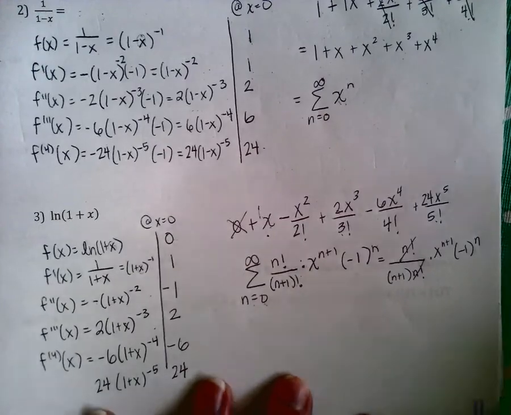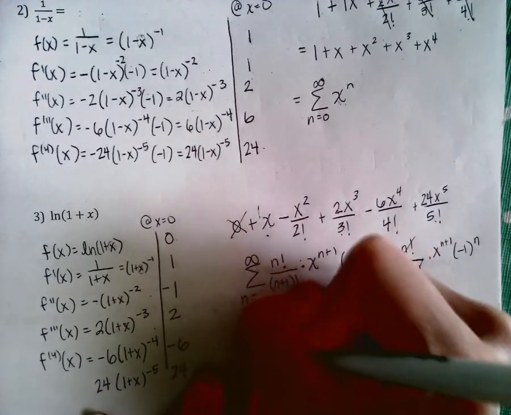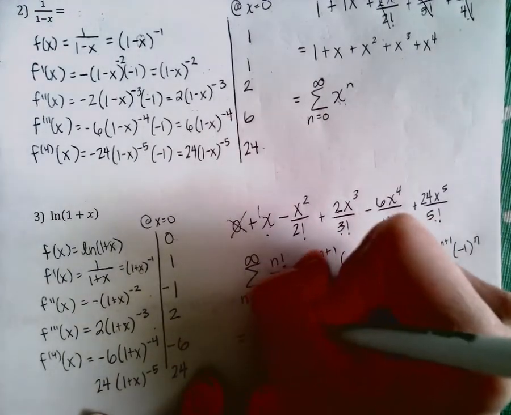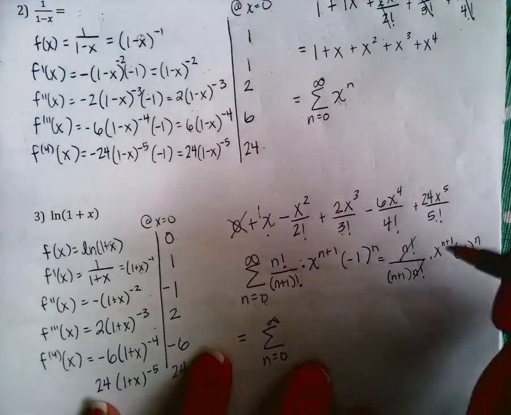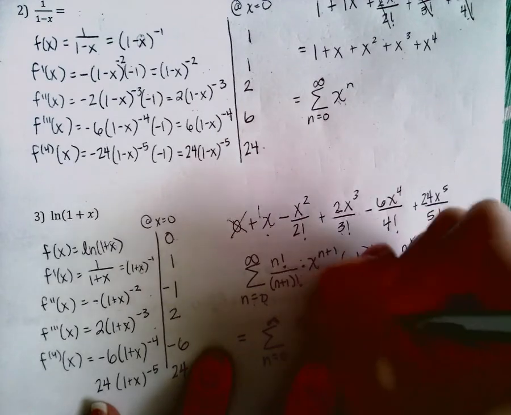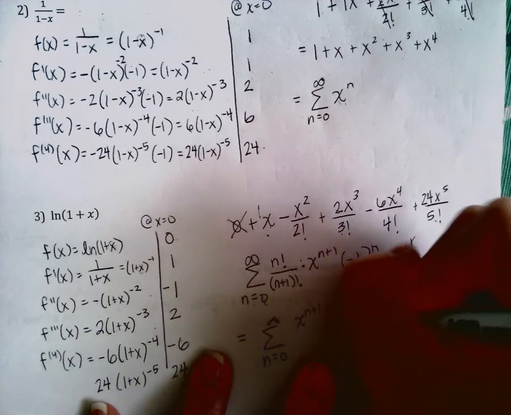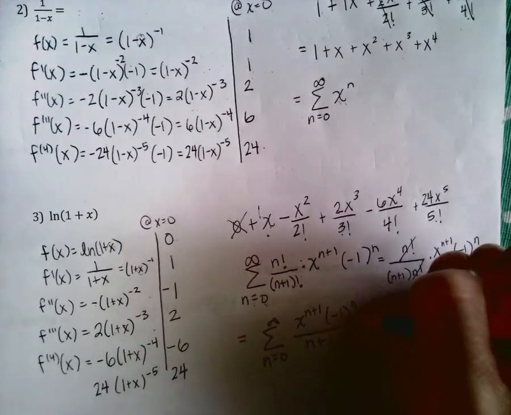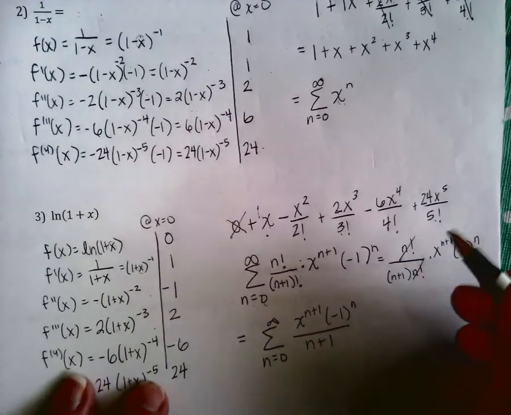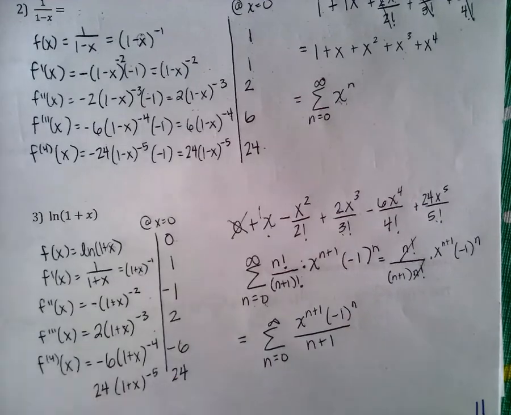So I get my final answer for the sigma notation as, let's see here, x to the n plus 1 times negative 1 to the n over n plus 1. Okay. Some people might write it in a different order, but essentially here we go.